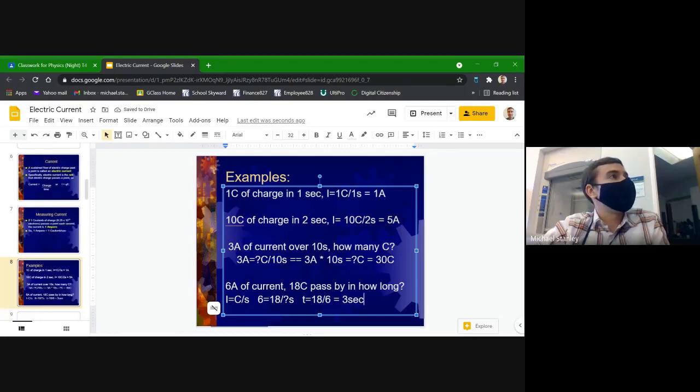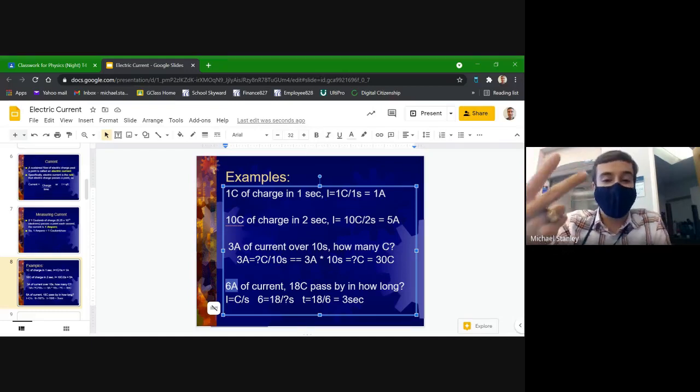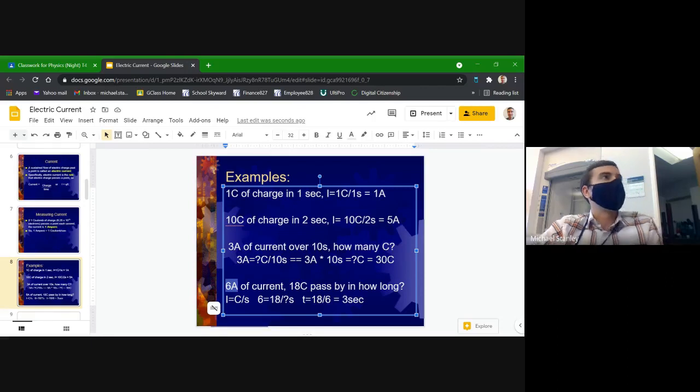So again, 6 amps is 6 coulombs per second. And so in 1 second, we'll get 6 coulombs. In 2 seconds, we'll get 12 coulombs. And in 3 seconds, we'll get 18 coulombs. So by moving the seconds over here and the amps under the 18.